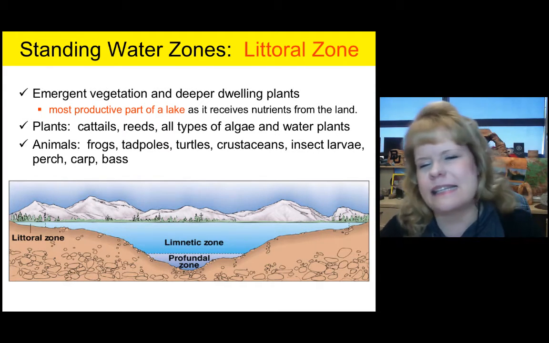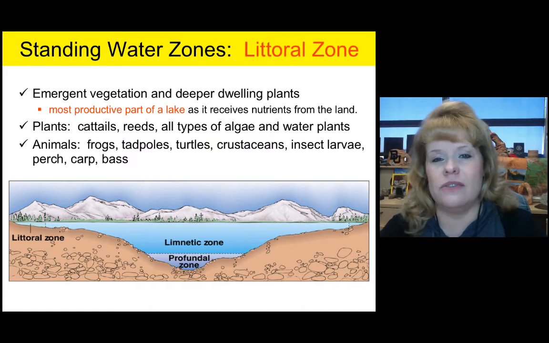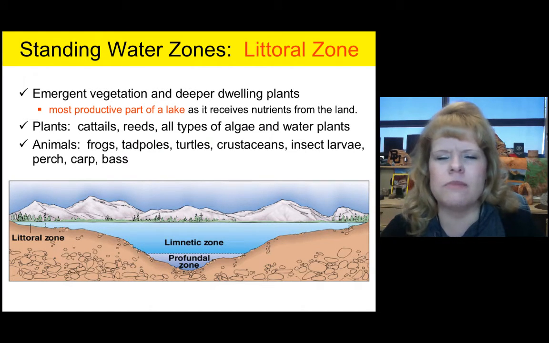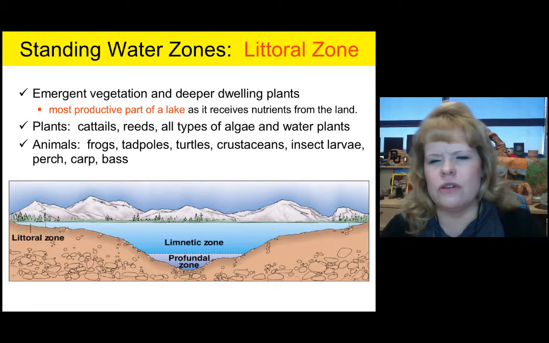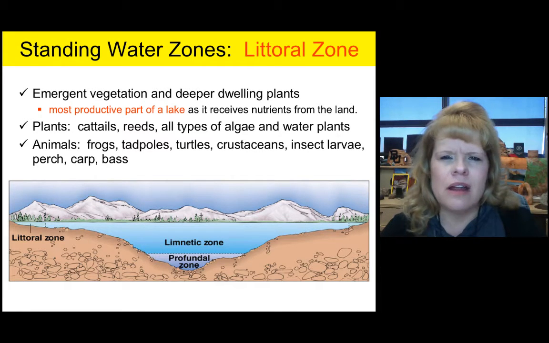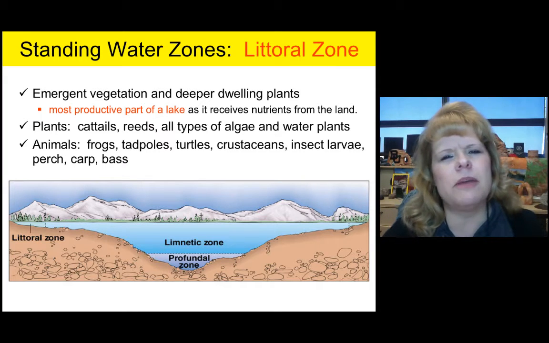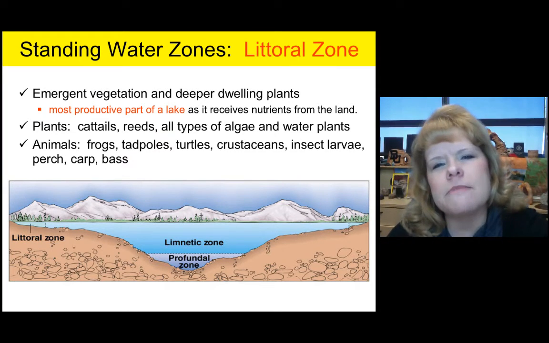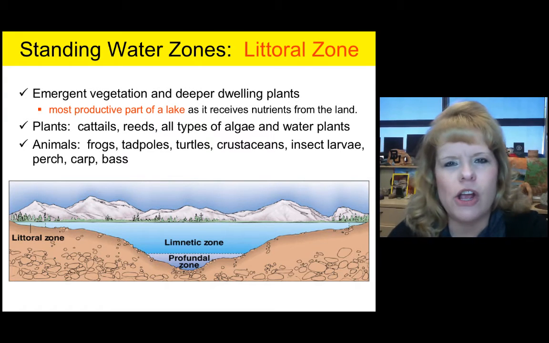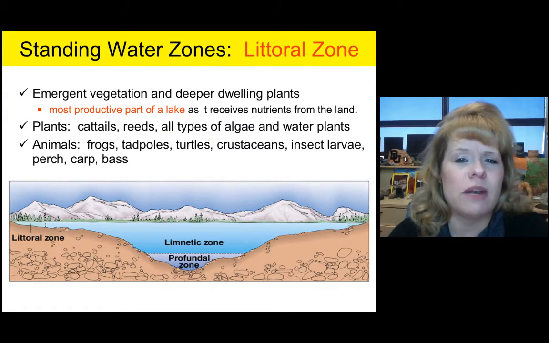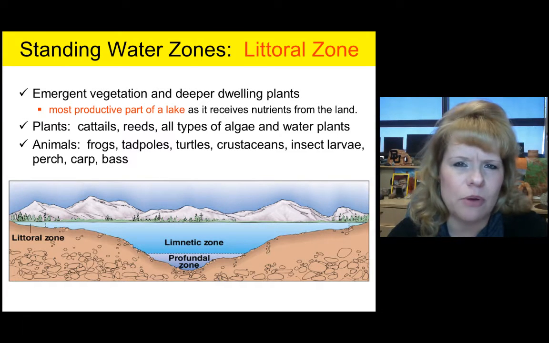You'd expect to see things that like wetlands, for example, cattails and bulrush and algae and even lily pads and things of that nature. So this is going to be an important part of an aquatic system because this will be a breeding ground and also a larval stage for many animals that will transition from a larval stage such as a tadpole into a frog in their adult stage.